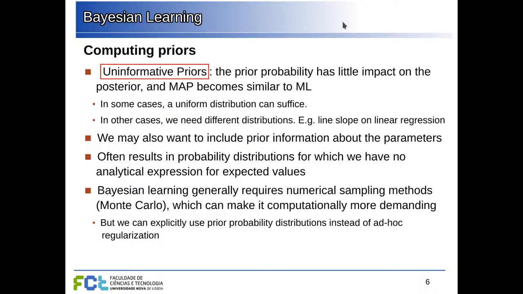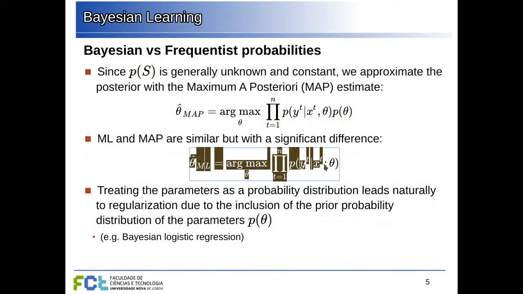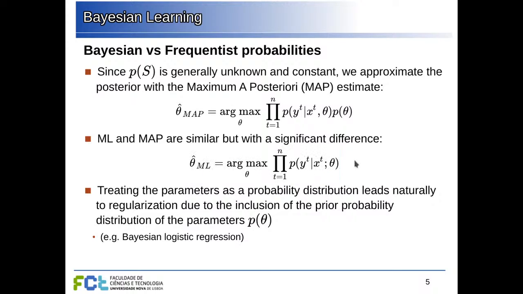But one big advantage is that, with the frequentist approach for maximum likelihood, we saw that we can benefit by including regularization terms that try to fiddle with this set of parameters so that it doesn't grow too large or something like that.